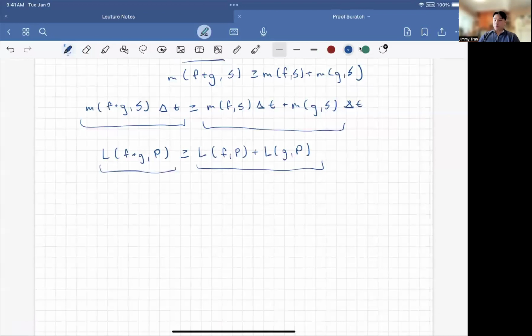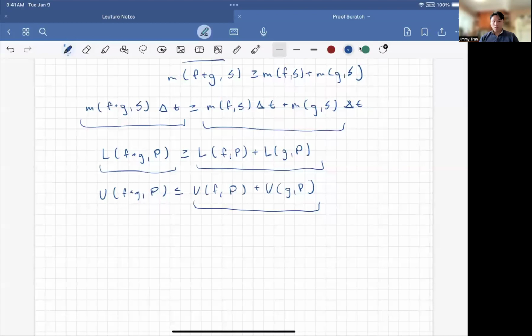So in a very similar, mirrored argument, we can say that for the upper Darboux sum of f plus g over P, this is less than or equal to the upper Darboux sum of f over P plus the upper Darboux sum of g over P. And this is essentially the same as saying that the sum of these upper Darboux sums overestimates the upper Darboux sum of f plus g.